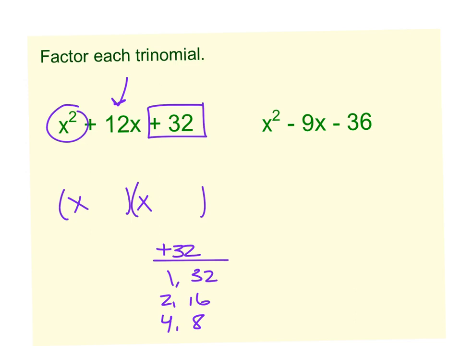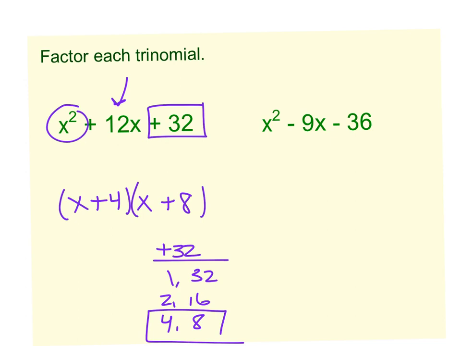So which ones are going to add up to 12? Hopefully you guys are already saying, oh, that's going to be a positive 4 and a positive 8. So there's our answer, but remember, you guys are going to show me a little check. It's just you communicating, yes, I thought through this, I know this is the right answer.